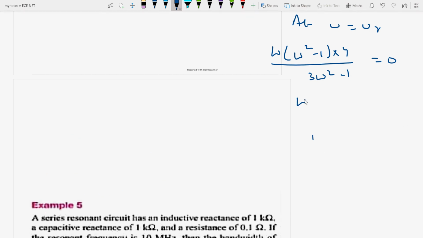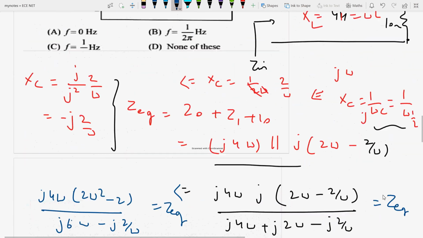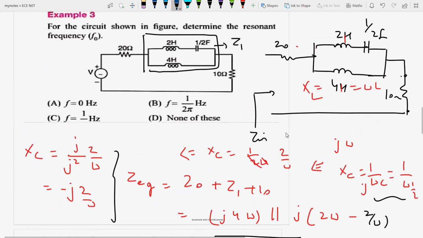I can write omega square minus 1 is equal to 0, which implies omega r is equal to 1, which implies 2 pi fr is equal to 1, which implies fr is equal to 1 upon 2 pi. So the answer here is fr equal to 1 upon 2 pi.